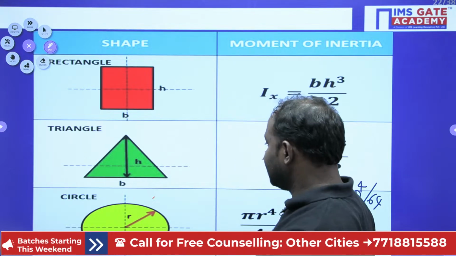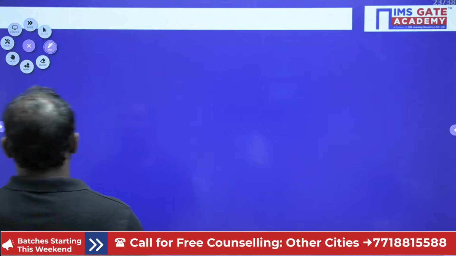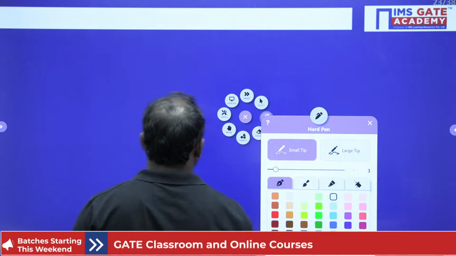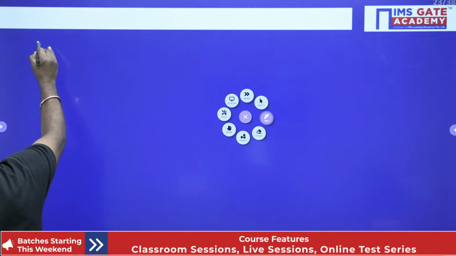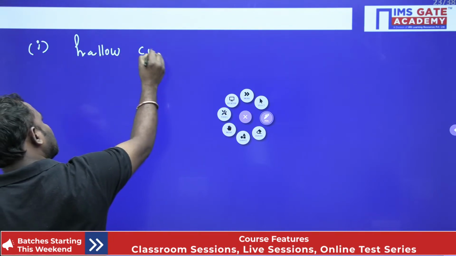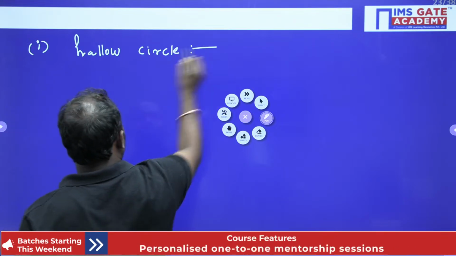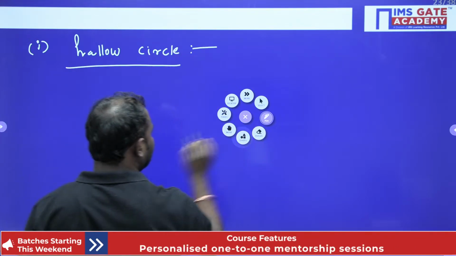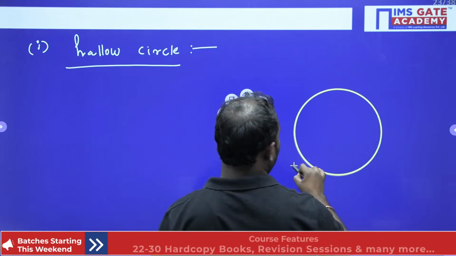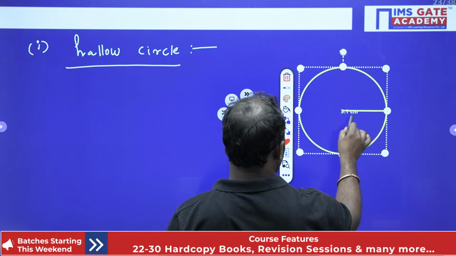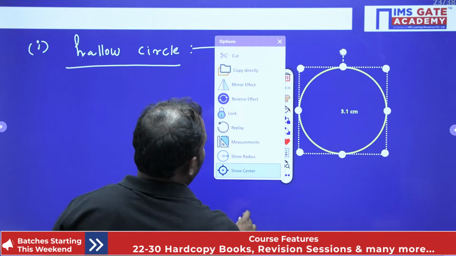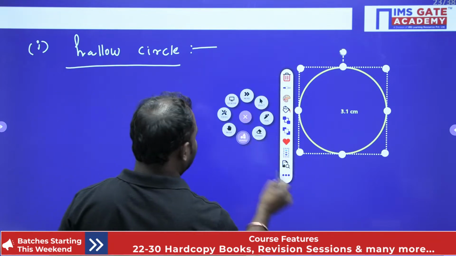Now here, hollow circle. How to calculate the moment of inertia of a hollow circle? Let me go for the shapes.